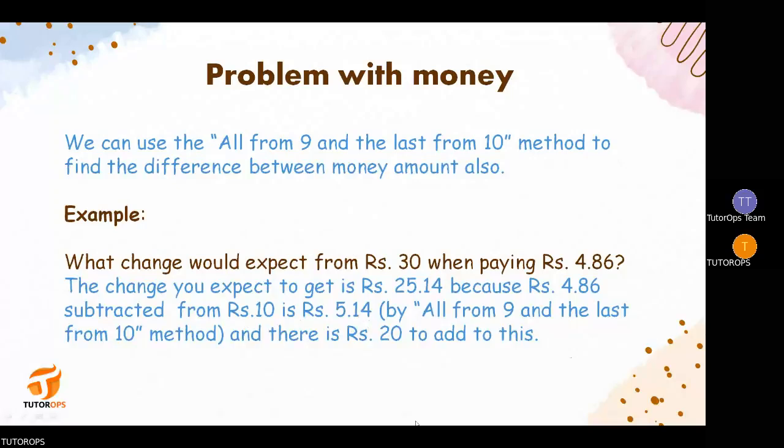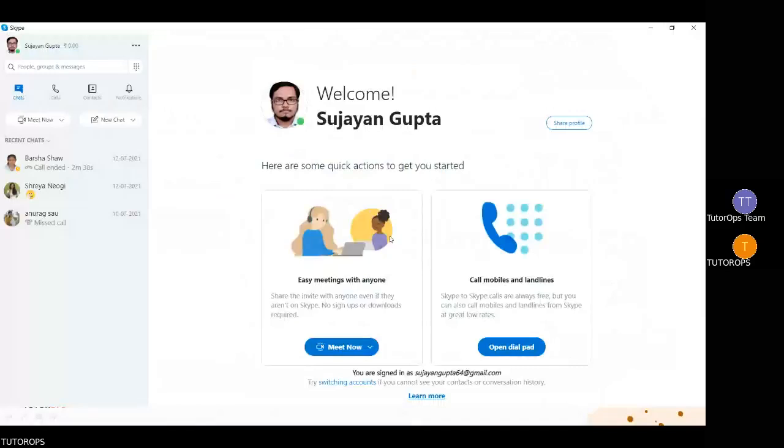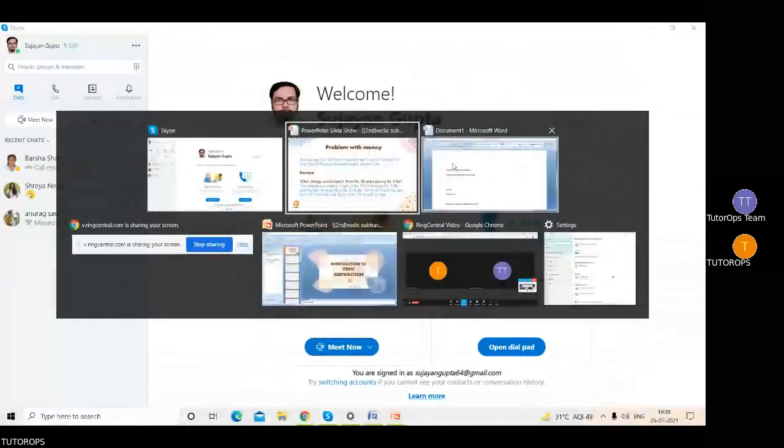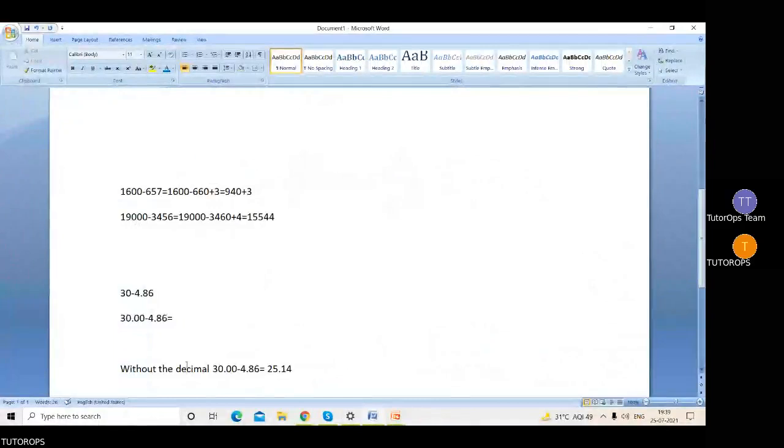So basically what we are doing here is 30 minus 4.86, and we are breaking 30 as 20 plus 10 minus 4.86.